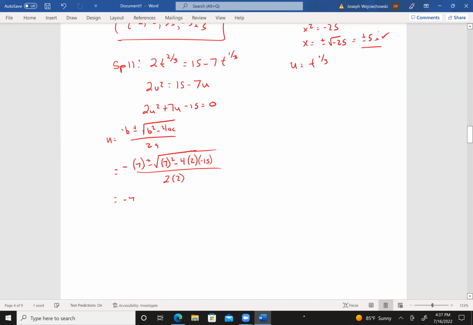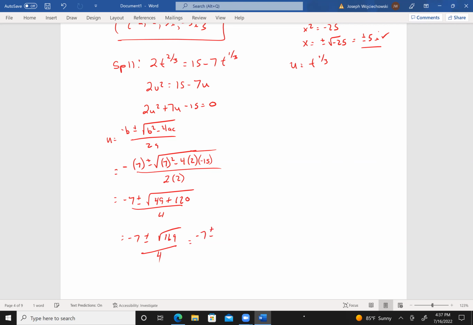Then we have negative 7 plus or minus the square root of 49 plus 120, over 4, which is negative 7 plus or minus the square root of 169 over 4. I believe that's 13, isn't it?